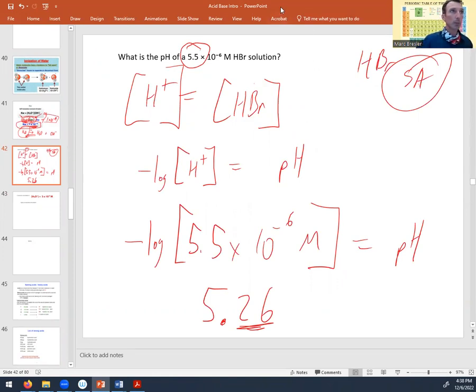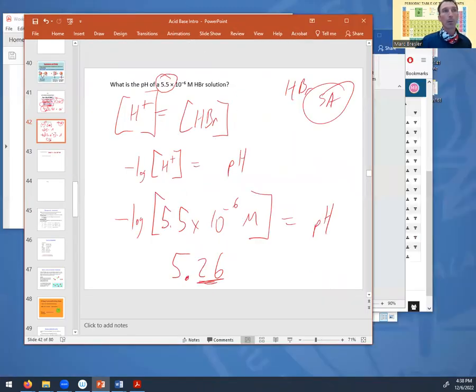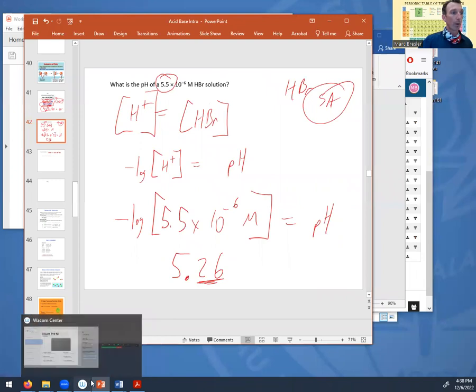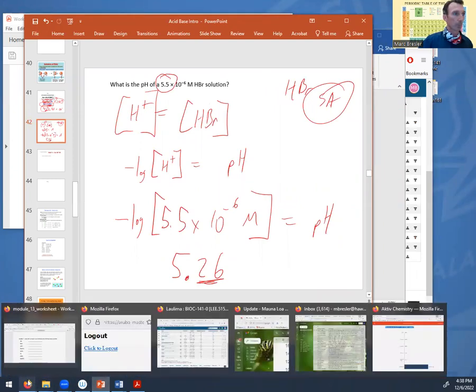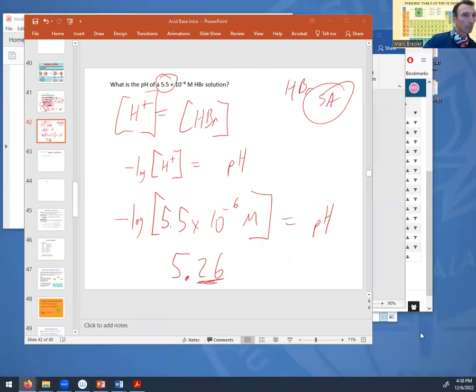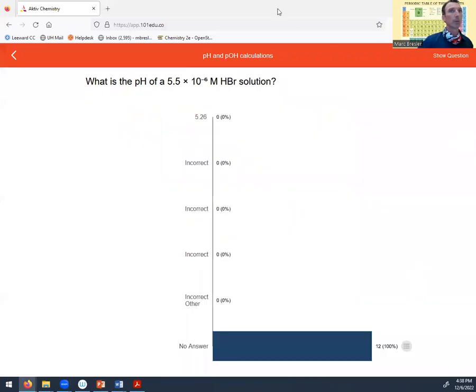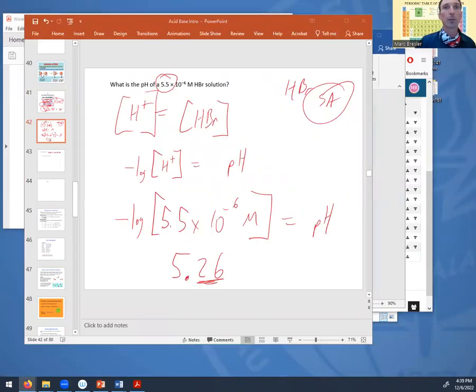So that's how you calculate pH. You can also go from pH to pOH and pOH to OH. So we can go through a couple of those practice problems.